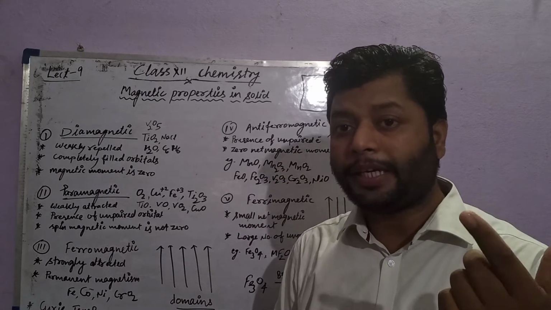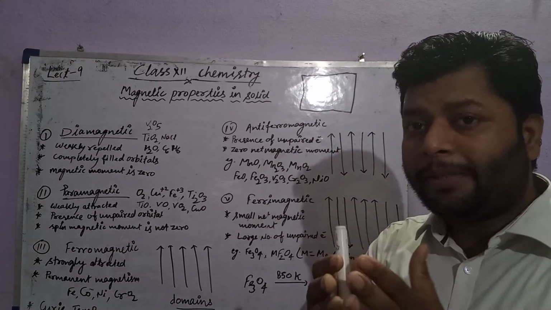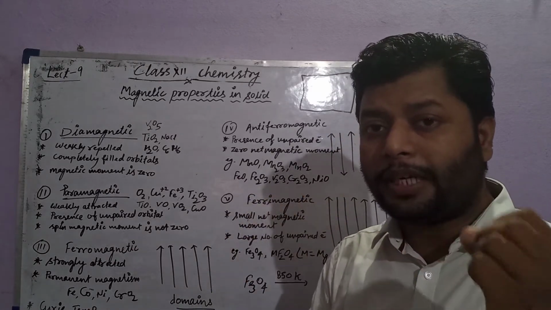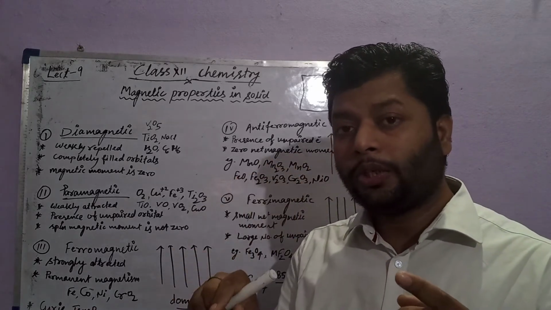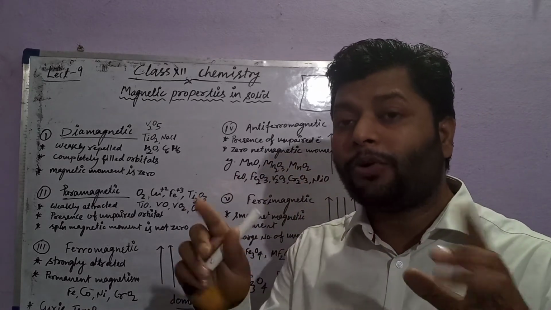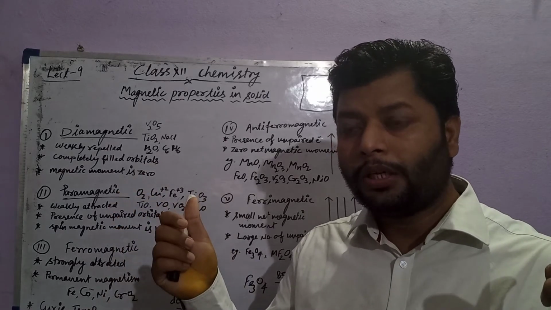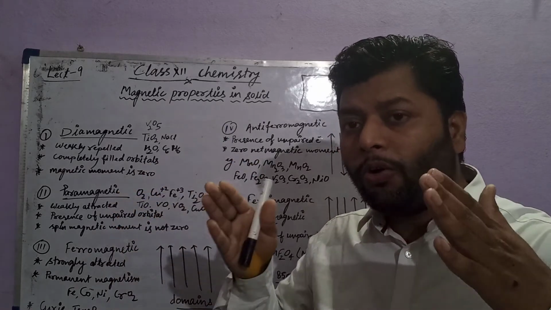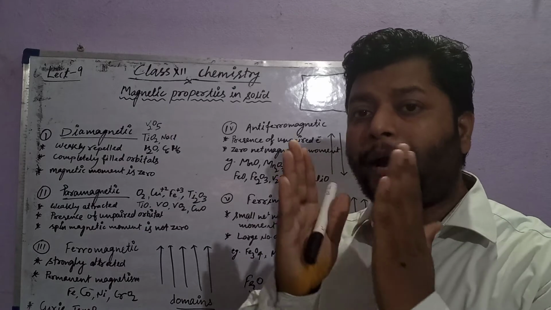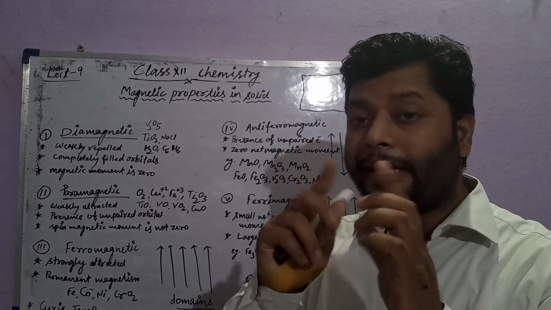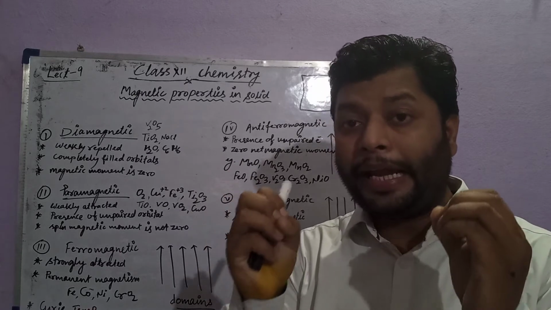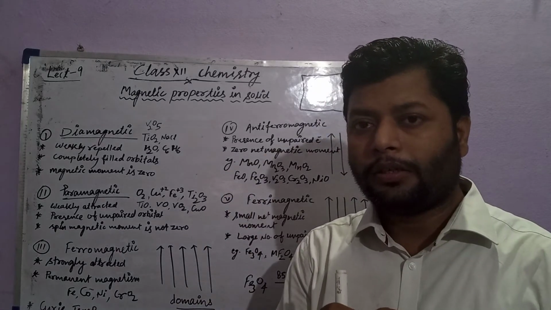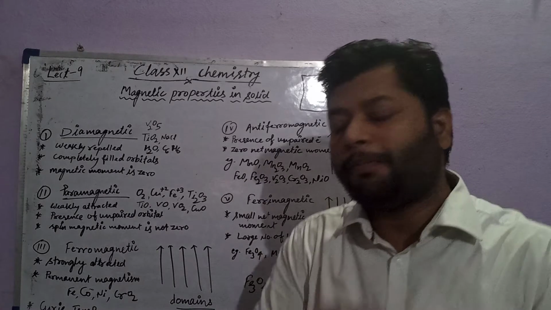I am repeating once again. When some substances are brought into an external magnetic field, all domains which were randomly oriented before become oriented in the same parallel direction, and a strong magnetic field arises and the substance becomes a permanent magnet.